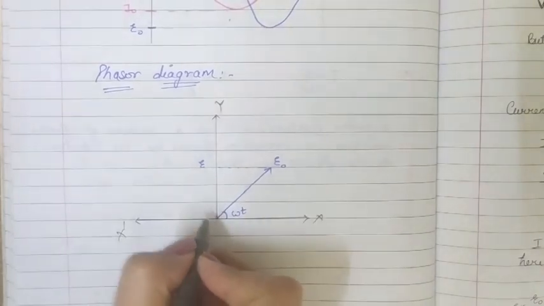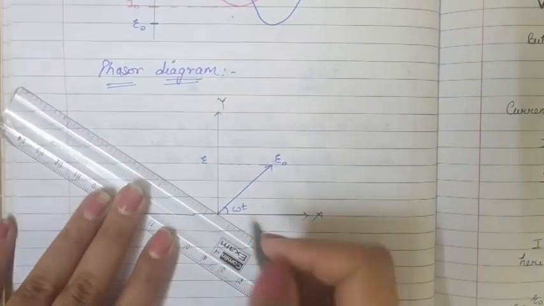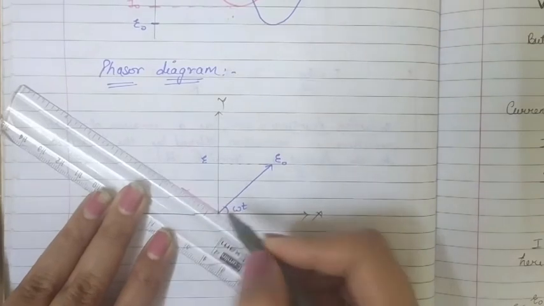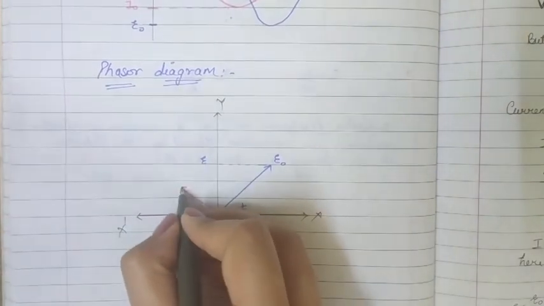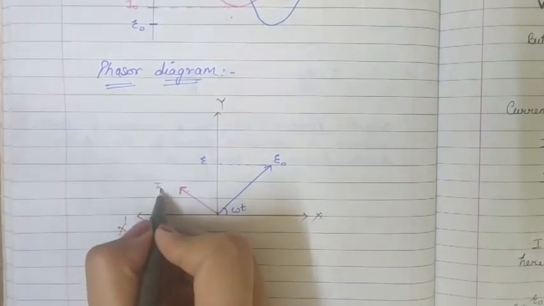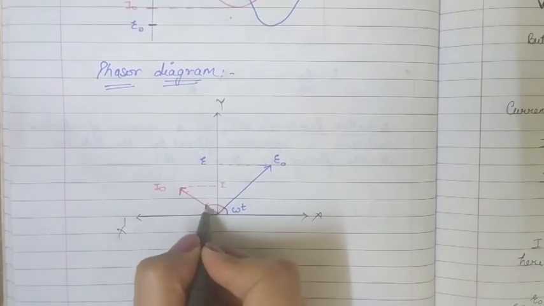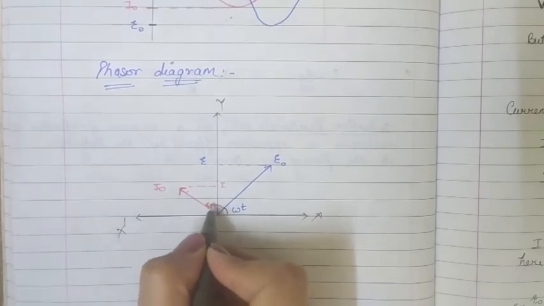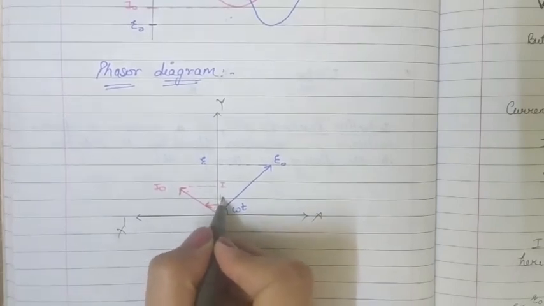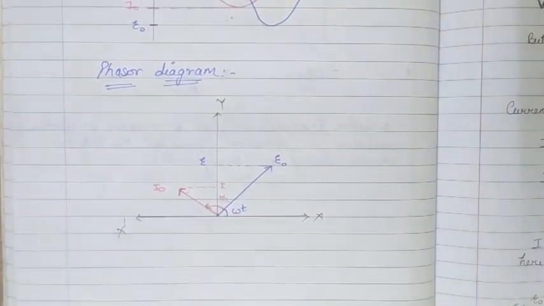So it will be somewhere here, and its magnitude will be less than epsilon naught. So I am making it smaller than this vector. This is for I naught, the projection I, and this angle denoted by pink color is pi by 2. So the whole angle will be omega t plus pi by 2.